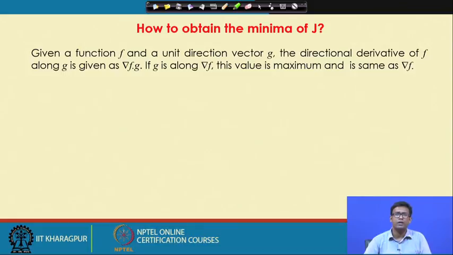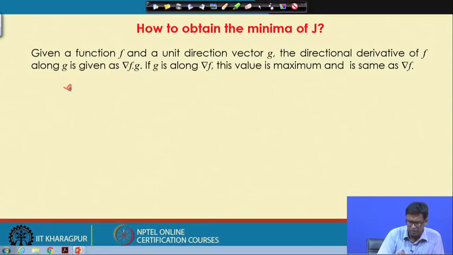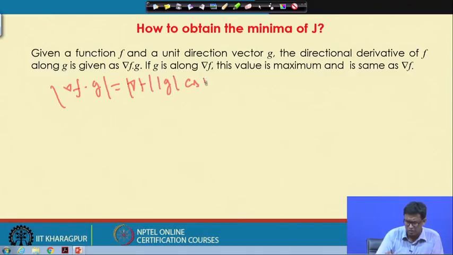So, gradient of f dot a unit vector in that direction is the maximum value of gradient of f dot g, and this value is the same as the magnitude of gradient of f. This is probably straightforward: gradient of f dot g is the magnitude of gradient of f times the magnitude of g times cos theta.